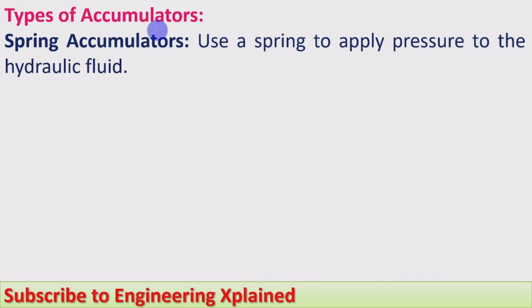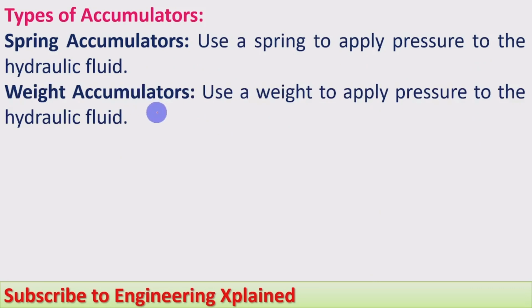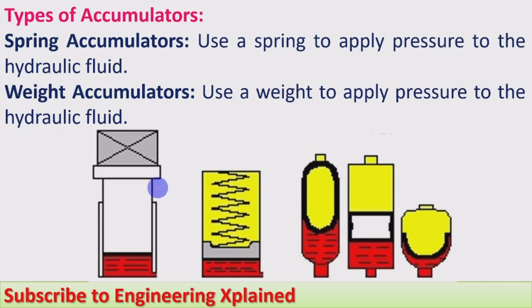Continuing with the types of accumulators, there are another two. Spring accumulators use a spring to apply pressure to the hydraulic fluid. Weight accumulators use a weight to apply pressure to the hydraulic fluid. That is also called a dead weight type of accumulator. Here this is the dead weight type of accumulator. By using this weight, the pressure will be applied.